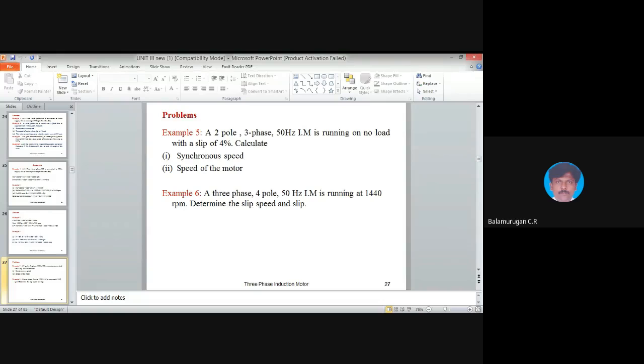So tell the value for the second case. If you substitute, you will get root 3 by 2 phi m, and this will be minus root 3 by 2 phi m, and this will be 0. So this is for the 60 degree.